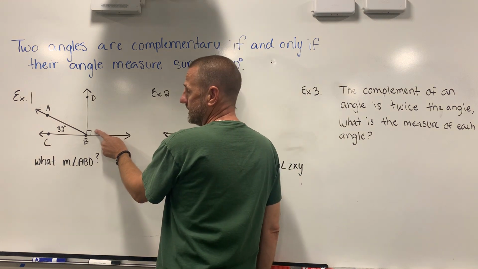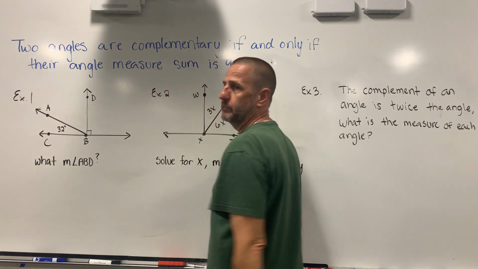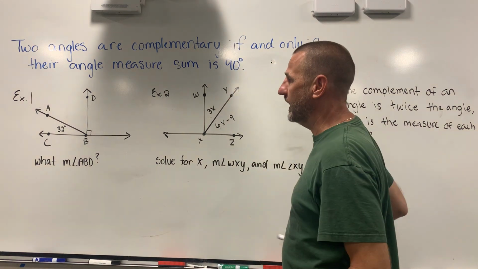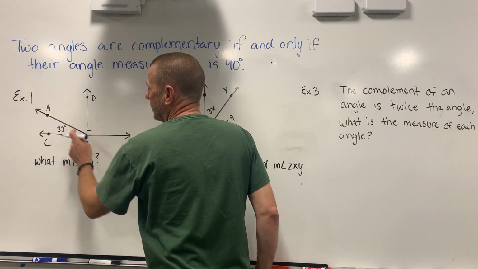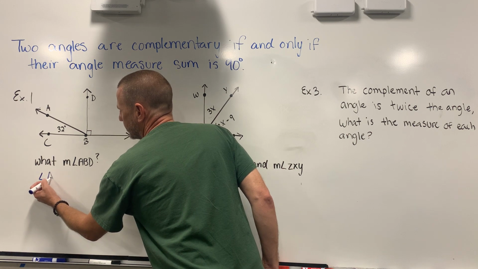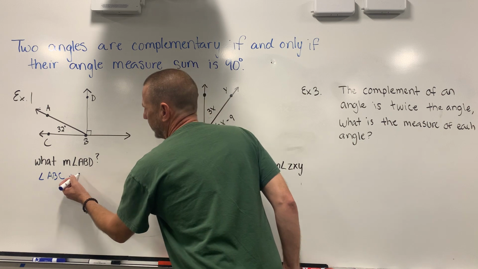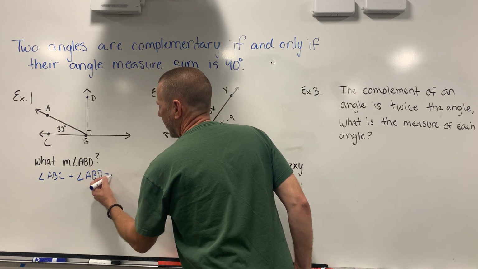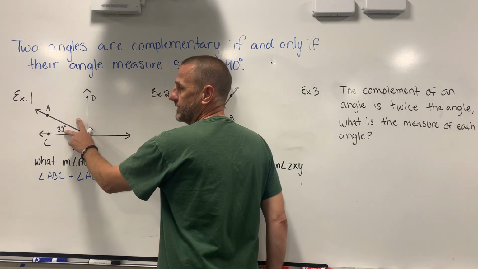So if this side is 90, then these two over here have to add up to 90. If I use angle addition and write this out, looking at the picture, I know that angle ABC plus angle ABD has to add up to 90 degrees, because this side's 90, which means this side's 90.